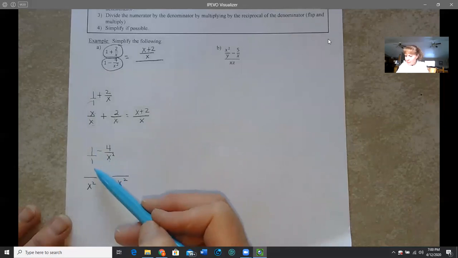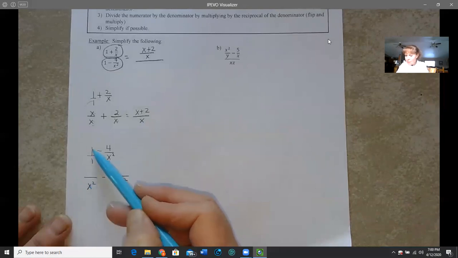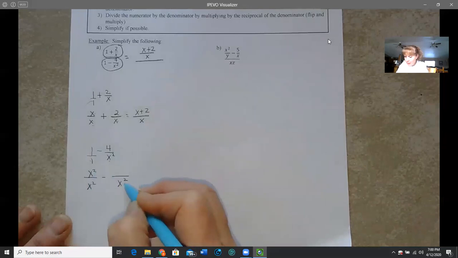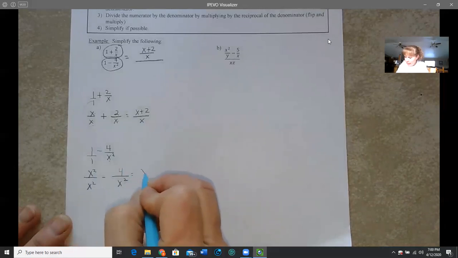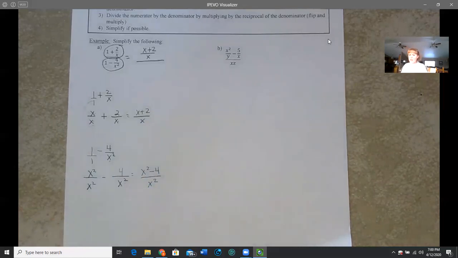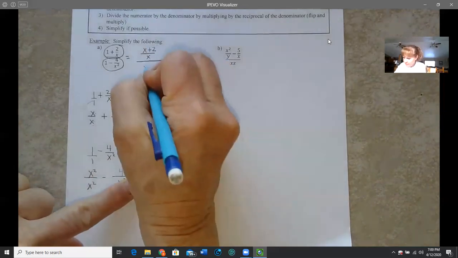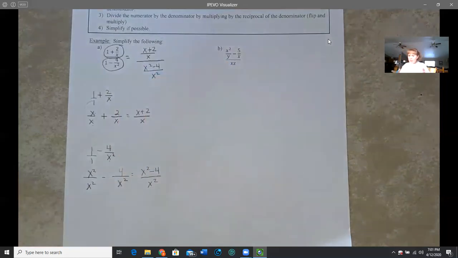You do the same thing with the numerator. To go from here to here, you multiply by 1, so 4 times 1 is 4. So this one is x squared minus 4 over x squared. So I got a common denominator, and I subtracted the numerators.